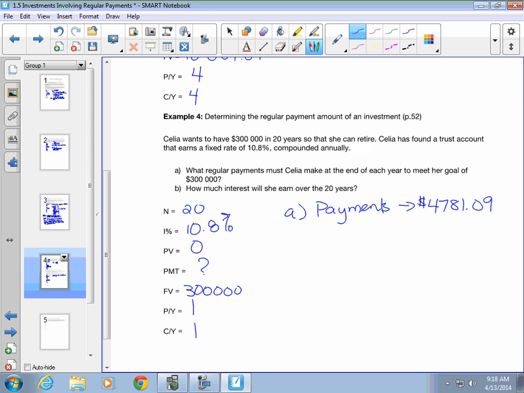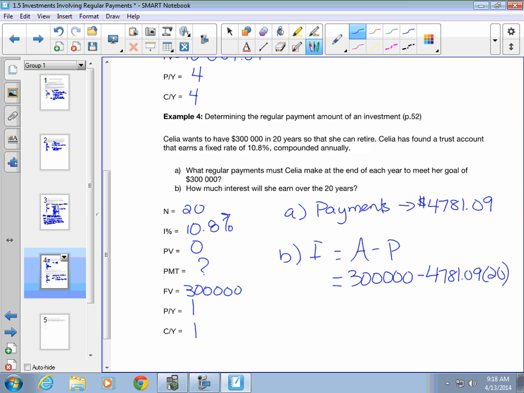So the question is, how much interest is she going to earn over the course of the 20 years? So we know interest is equal to your future value minus your principal. So her future value was $300,000 minus her principal. So the amount she invested was $4,781.09, and she did that 20 times.